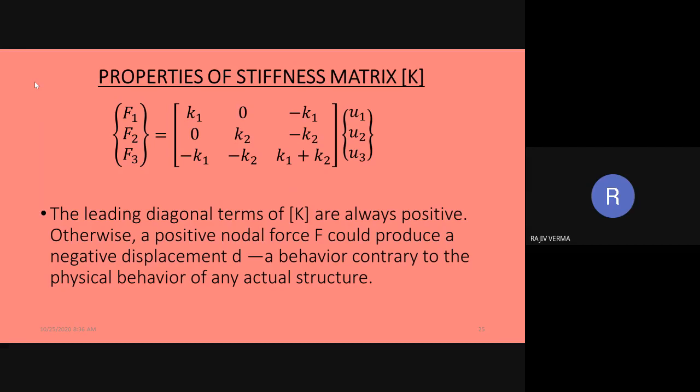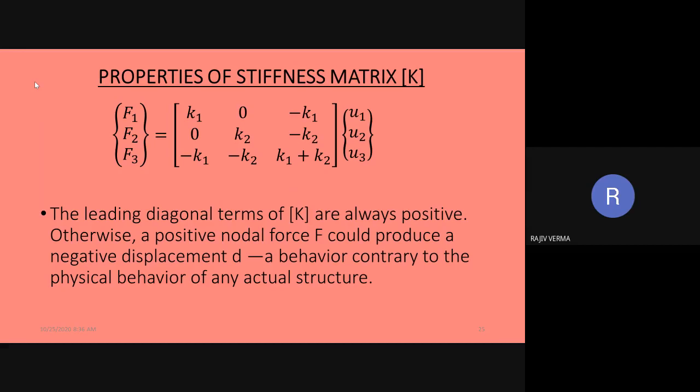And the reason for this can be argued, such as if supposing u2 and u3 both happen to be 0, then obviously it means that the first equation reduces to F1 is equal to K1 multiplied by U1, which basically means that force F1 and the deformation U1 are going to act along the same line.